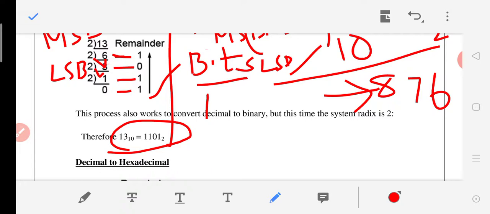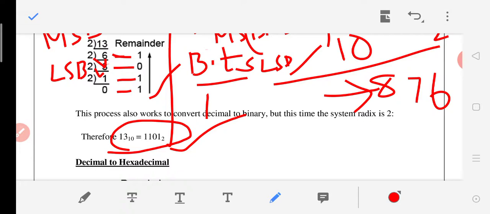Take great care about collecting these bits. Collect these bits from bottom to top while dividing the number. So 1101 is the binary equivalent of decimal 13. I hope you understand the decimal to binary conversion.